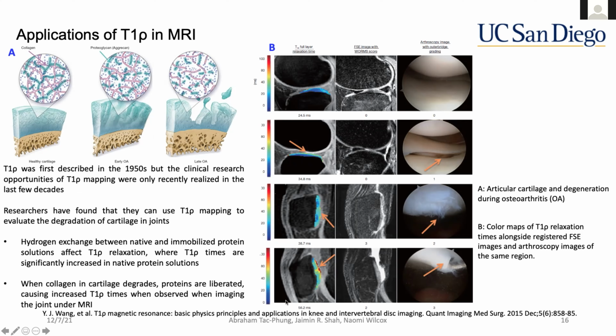When you increase the hydrogen exchange in native proteins versus immobilized proteins in the intact collagen, you get a very long T1 rho as a result of the collagen network being broken, as opposed to it still being intact, where the T1 rho will be very short. Therefore, we can distinguish the kinetics in proteins using T1 rho.